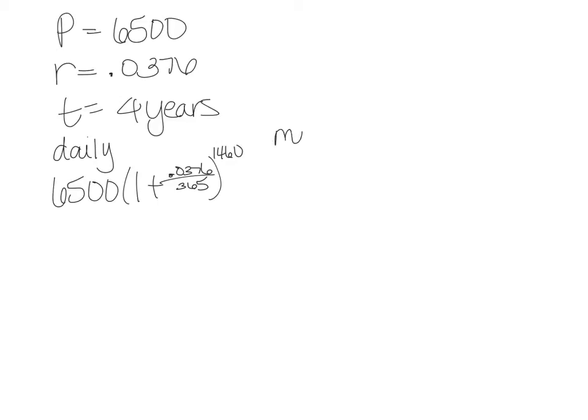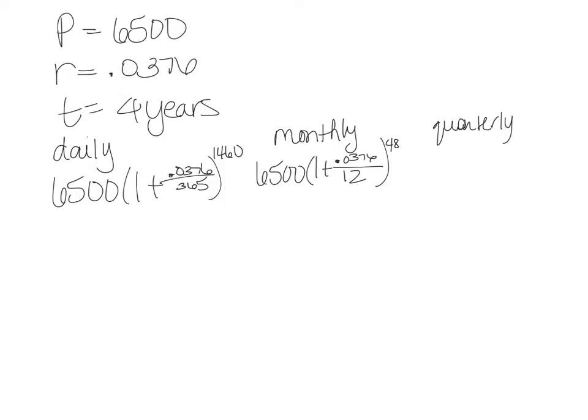If we want monthly, that's 6,500 times 1 plus 0.0376 over 12 to the 48. If we wanted quarterly, it's 6,500 times 1 plus 0.0376 divided by 4 to the 16.